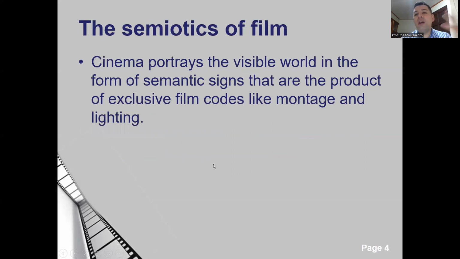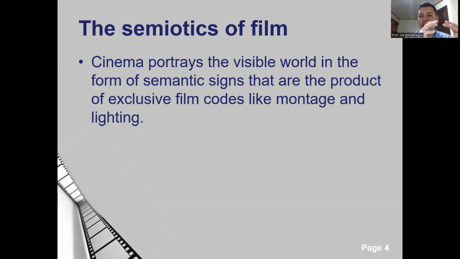Now, film obviously communicates meaning, and in that sense, it is an object of study of semiotics. So we can talk about film semiotics, or the semiotics of film. Cinema portrays the visible world in the form of semantic signs. Semantic is another way of saying meaning, and these signs are the product of exclusive film codes like montage and lighting.